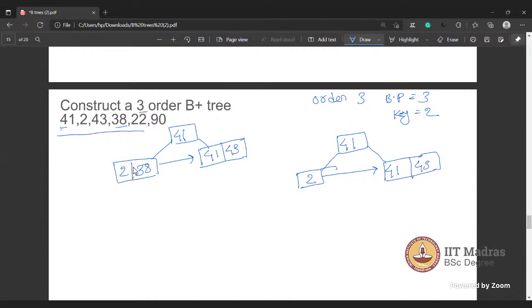So 38 will be popped up and become the internal node, and 22 will be inserted. The middle element will pop up, so 22 will become the middle. So 22, 41, then 2, then 38, 22, 38.